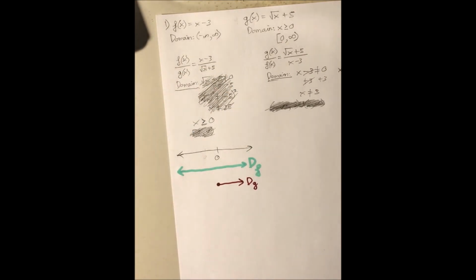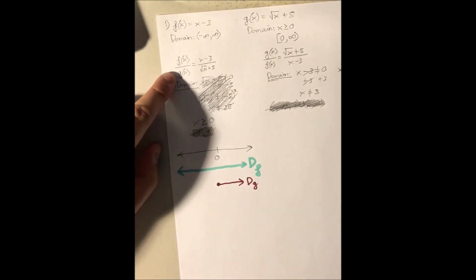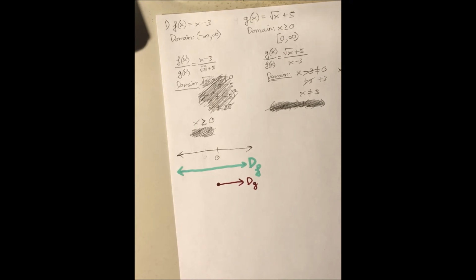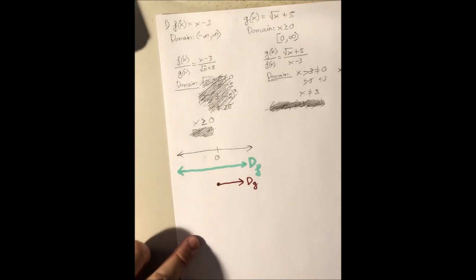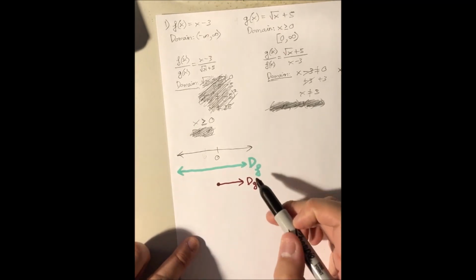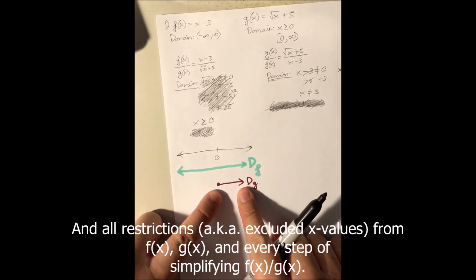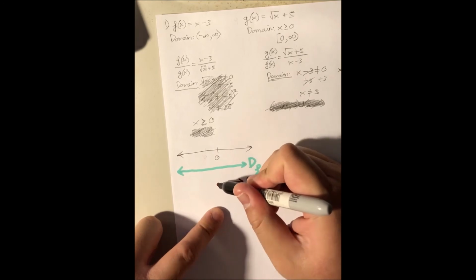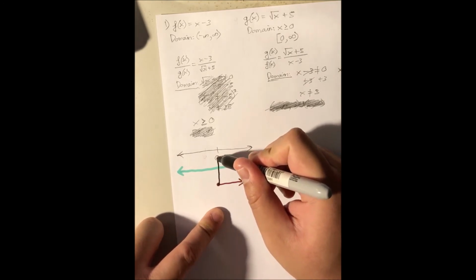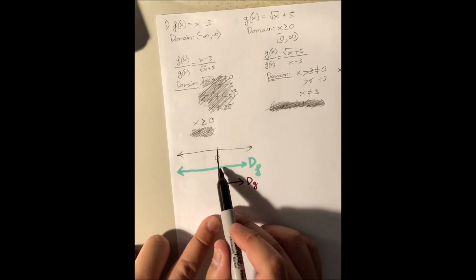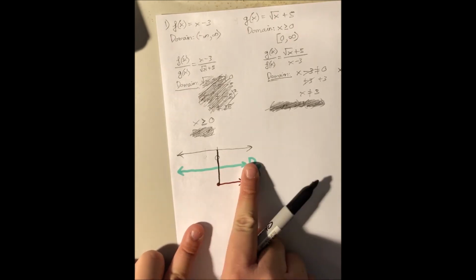So really, the domain of f over g, if we want to graph it on this number line, has to be all of the x values in common of both domain of f and g. And the way we can do that is by taking the shorter domain, which is the one of the g, trace it all the way back to the number line, and we can tell right away that all of the x values they have in common are just all of the x values from here.